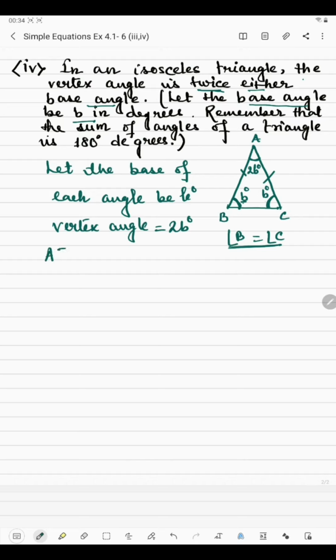Now according to the question, remember that the sum of angles of a triangle is 180 degrees. What we know is that in a triangle, angle A plus angle B plus angle C is equal to 180 degrees. Why? Because this is the angle sum property of a triangle.